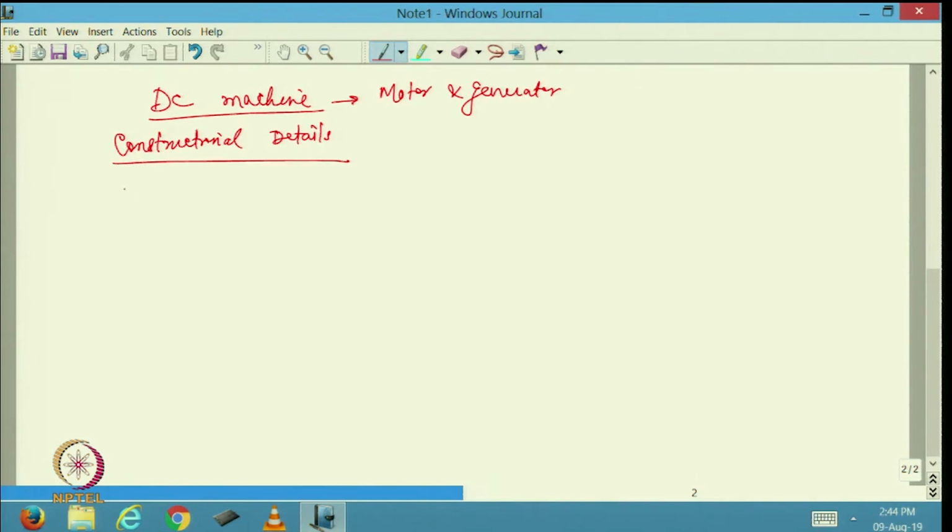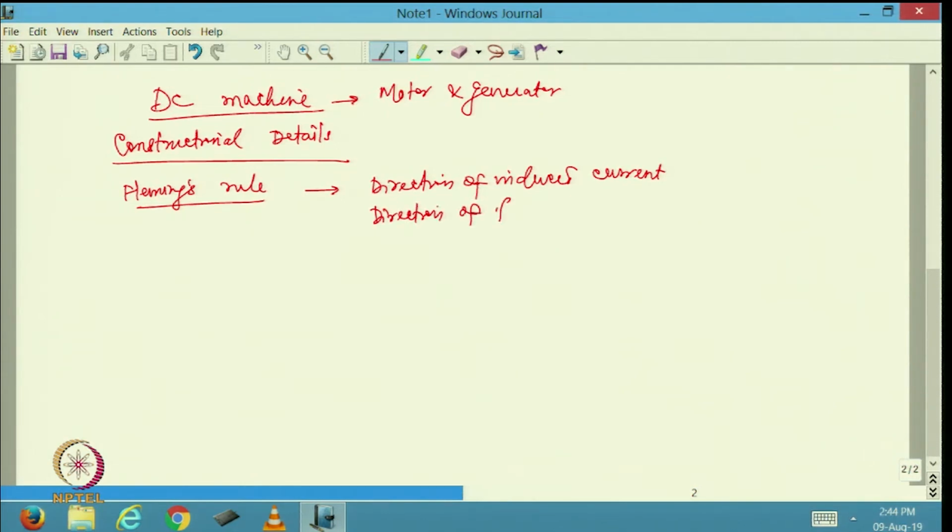We will also look at Fleming's rule, which is the left hand and right hand rule, which will give us exactly the direction of induced EMF or induced current, and it will also give us the direction of force or torque if we are talking about a motor.